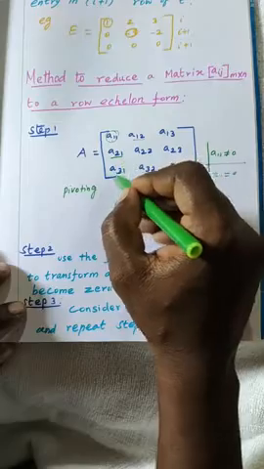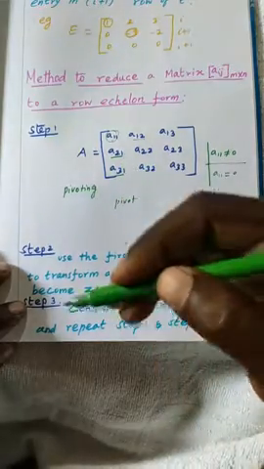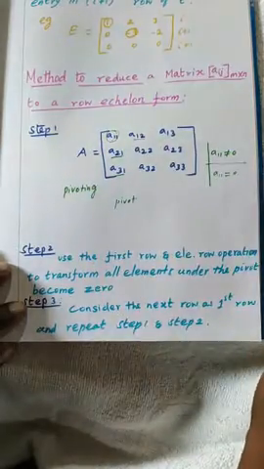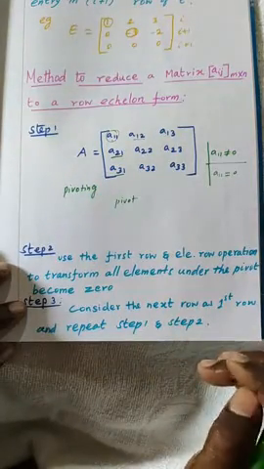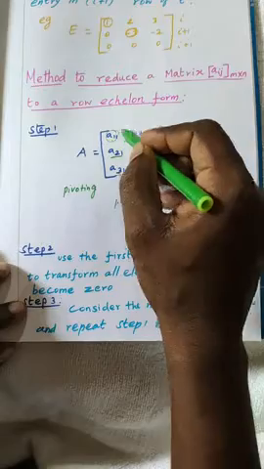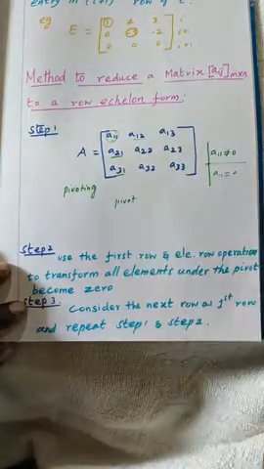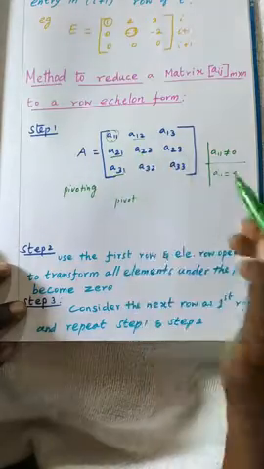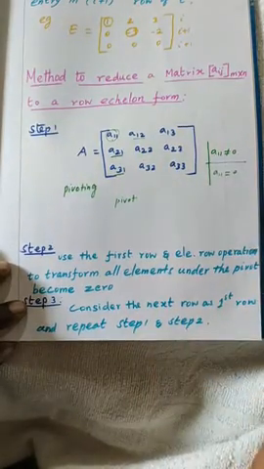So A21 and A31, we have to use the elementary transformation to make it 0. And then step 3: when you complete the first one, consider the next row as the first row, and repeat step 1 and step 2.